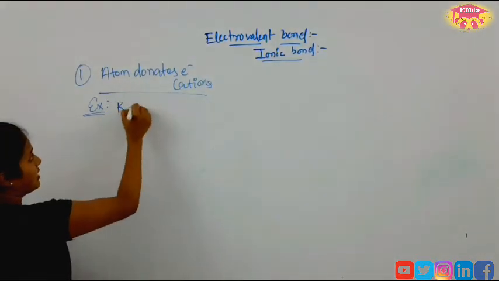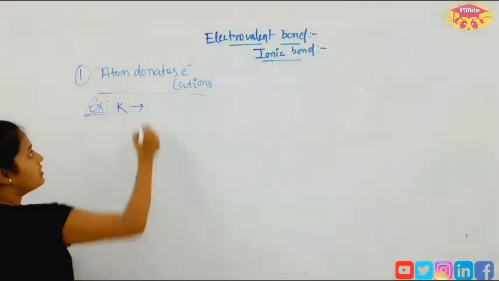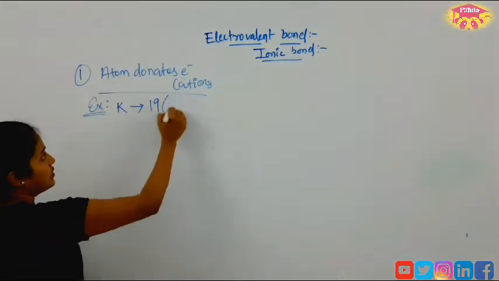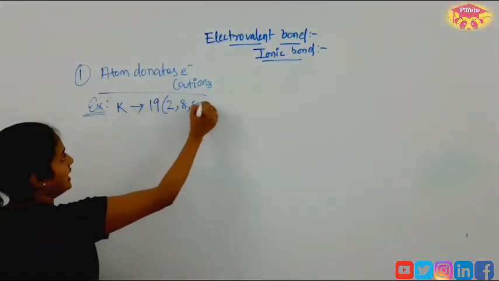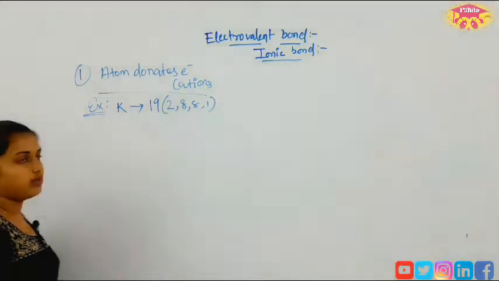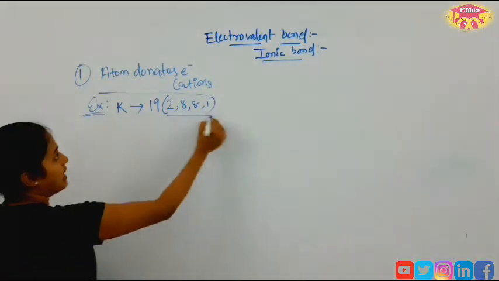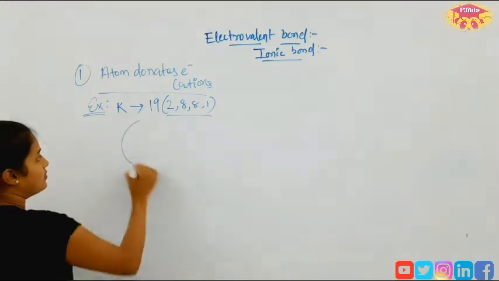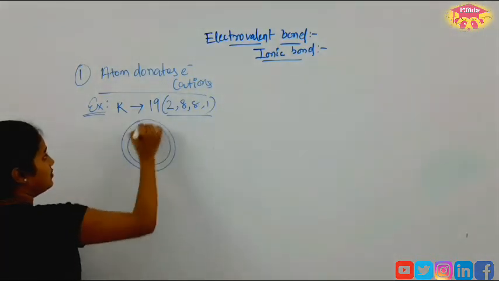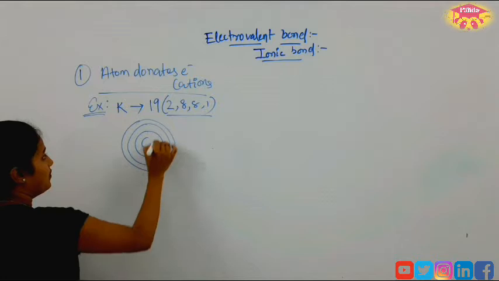I am taking here potassium, whose atomic number is 19. So the electronic configuration is 2, 8, 8 and 1. This atom has 4 shells, students.